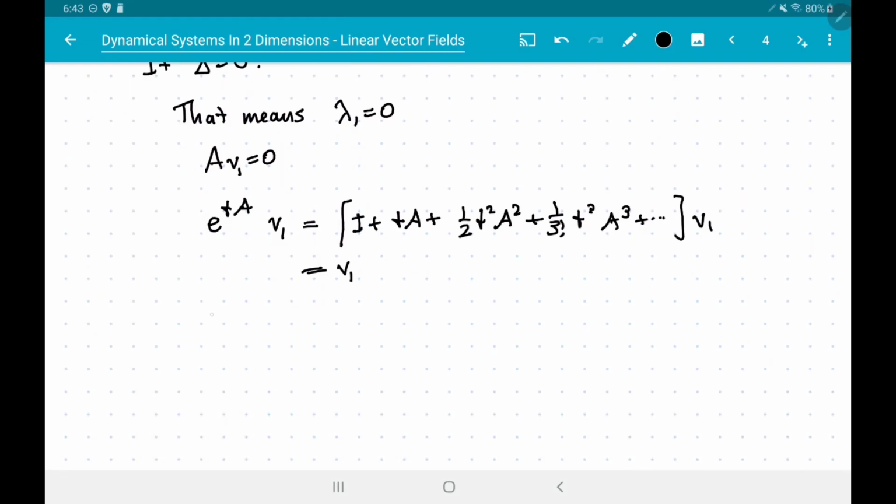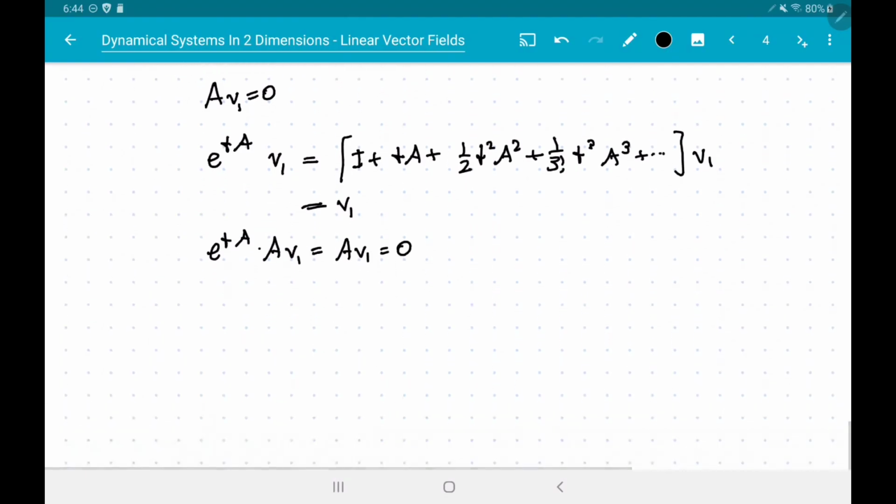And furthermore, if you now take the derivative, you'll get e to the tA times A times V1, which ends up being just A times V1, which ends up being 0.